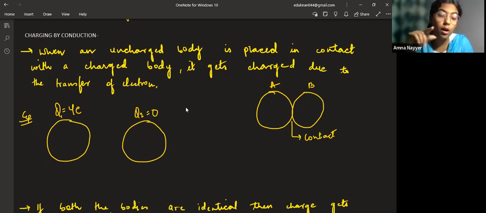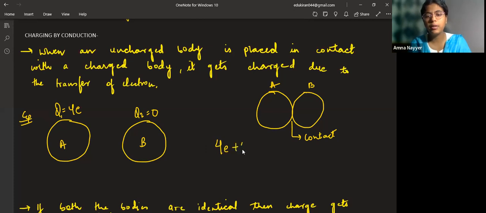Fine. So now see, how will it happen? Let's say these two bodies, this is A, this is B, they are identical. How will the charge distribution occur? What is the total charge right now? The total charge is 4e plus 0, that is 4e, right?